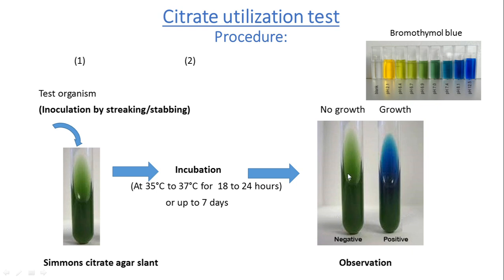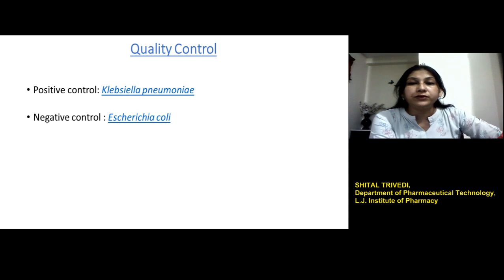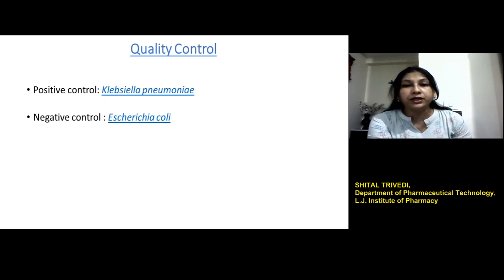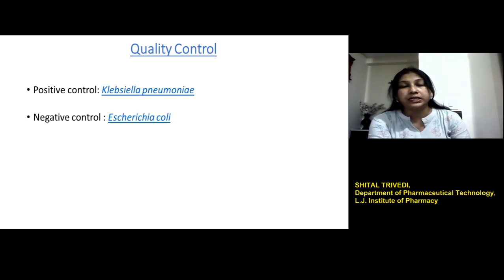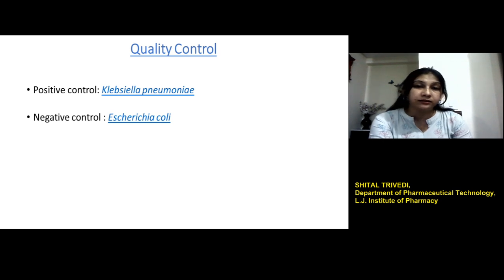If the organisms do not have the ability to utilize citrate, we find no growth and the color of the slant remains unchanged, that is dark forest green. To ensure the efficacy of media and reagent, a positive control can be prepared by inoculating Klebsiella pneumoniae, which gives this test positive, and a negative control can be prepared by inoculating E. coli, which gives this test negative.